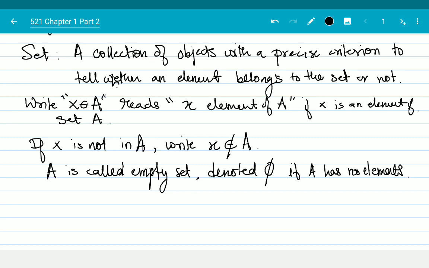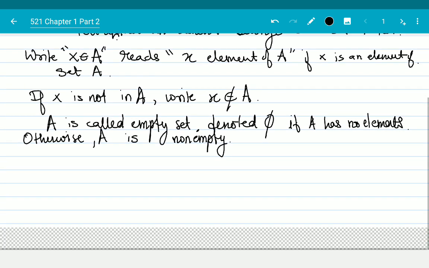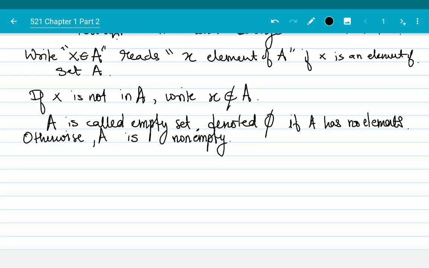Otherwise, A is non-empty. This is how we distinguish an empty set and a non-empty set. If A has elements, it is not empty. If A does not have elements, it is empty.